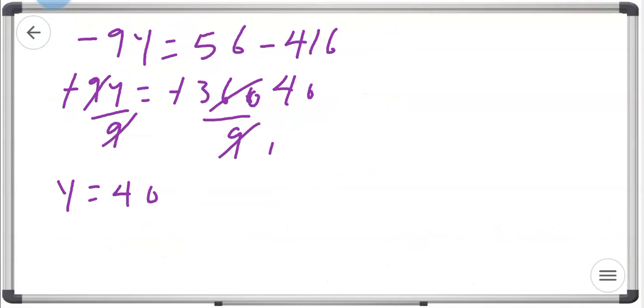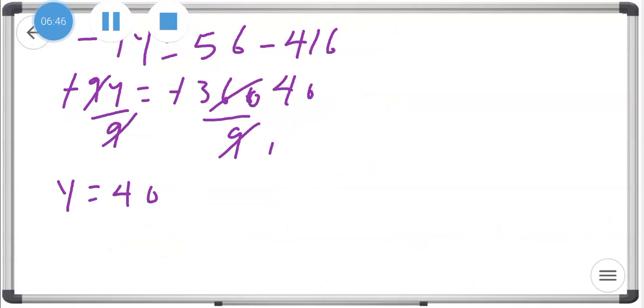Now let's use our y to get the value of x, because we said we need to solve them simultaneously, together, so we'll be able to get the unique value of x as well as the unique value of y. Now that we have y equals 40, let's substitute y equals 40 into any of the equations so that we'll be able to get the value of x as well.